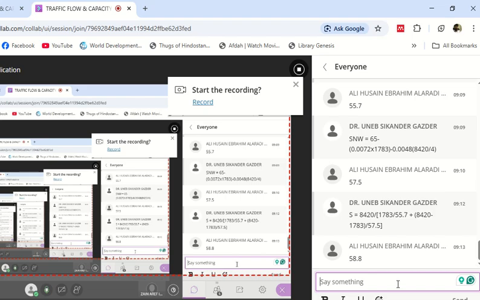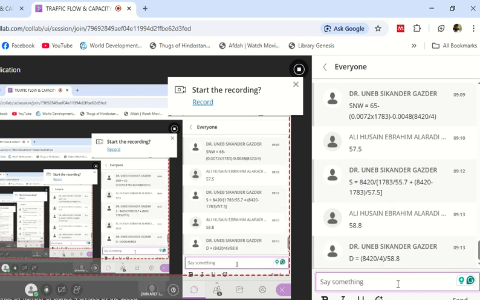Okay, then for the density, I need the total volume 8420 divided by number of lanes 4, divided by the speed. How much is that?